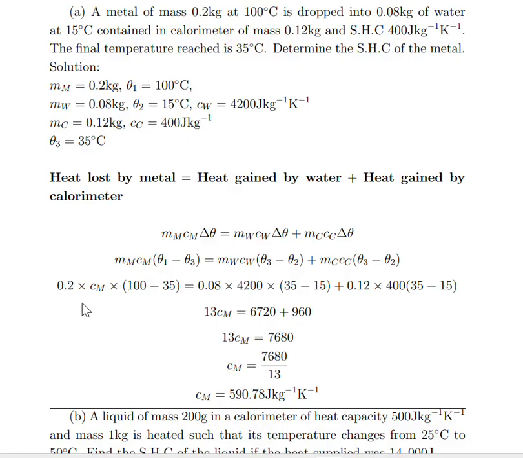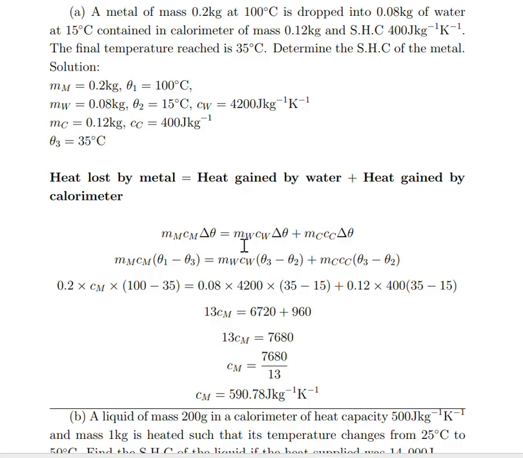When you come to substituting, we have the mass of the metal, which is 0.2. The specific heat capacity of the metal is the one that you're trying to look for. Then the temperature difference: at first it was at 100 degrees Celsius, then its temperature dropped to 35 degrees Celsius.